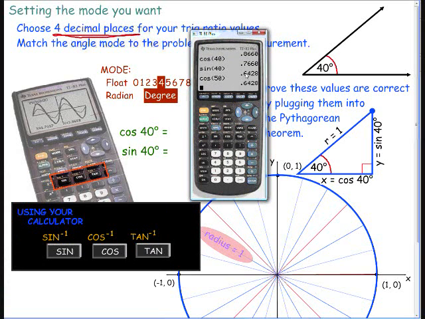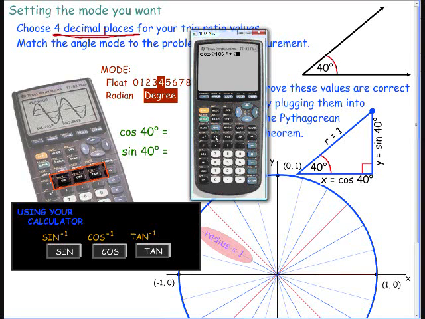So that would mean I'm going to be talking about the cosine of 40 degrees, and I'm going to square that, plus, x squared, which would be the cosine of 40 degrees squared plus, I'm going to use parentheses just because I'm paranoid about not having enough parentheses.